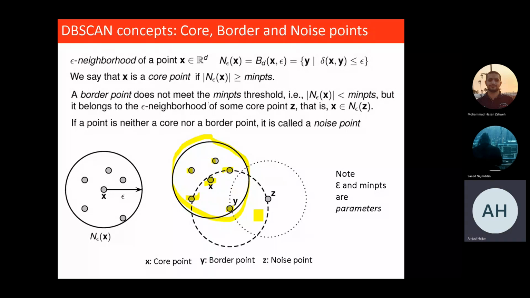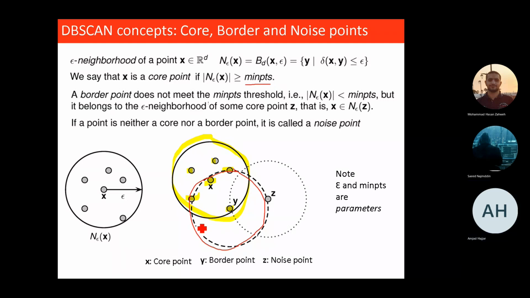Now, if I take the point Y, and I also trace its ball, okay, I will find that Y in its neighborhood has 1, 2, 3, 4, 5. Okay, if I had min points equals 6, I will say that Y is not a core point.